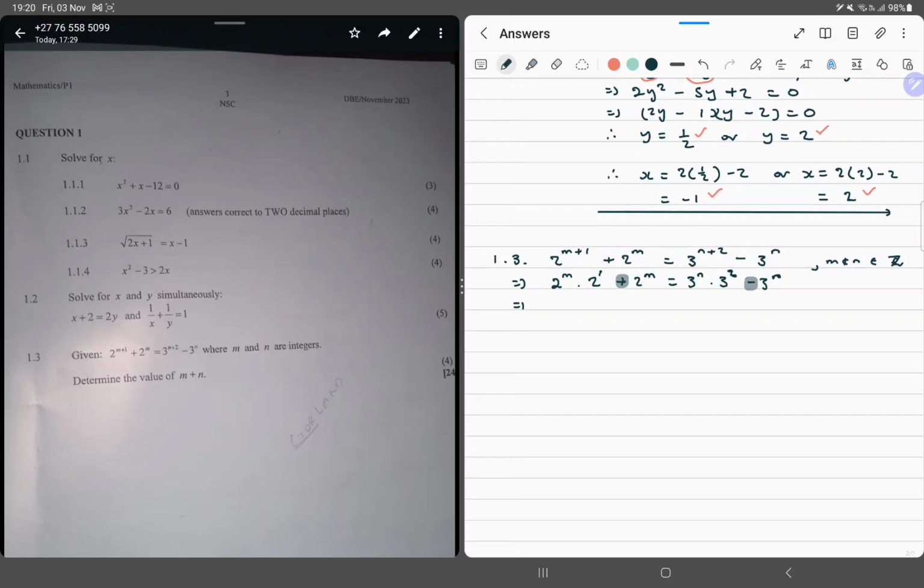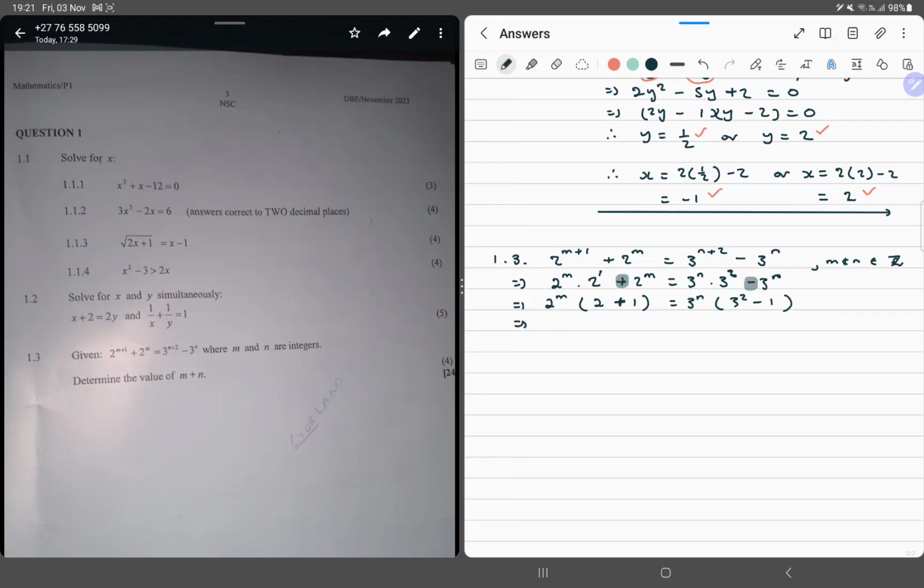Here we need the highest common factor, which is 2 to the exponent m into, so this is going to be 2 plus 1, okay, is equal to, again we do the same here, 3 to the exponent n is the common factor. Then we get 3 squared minus 1.